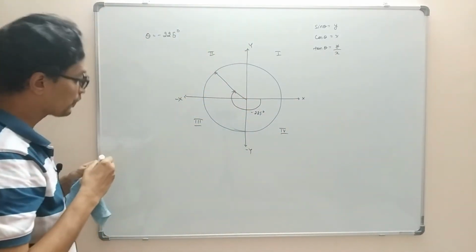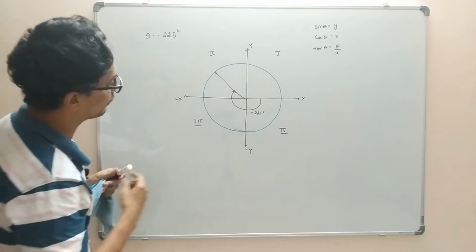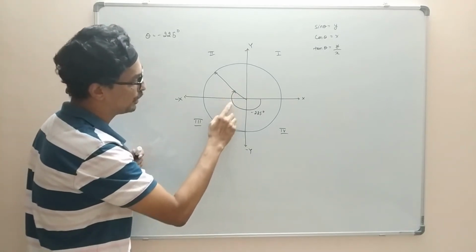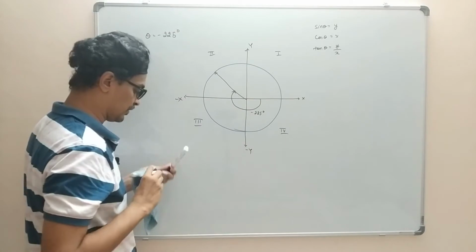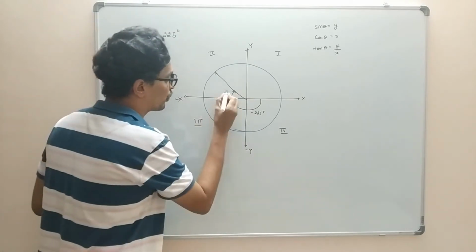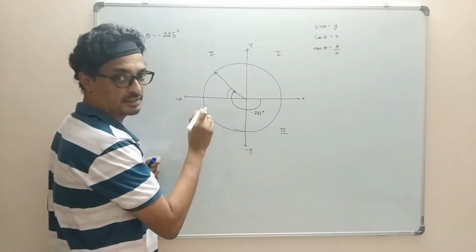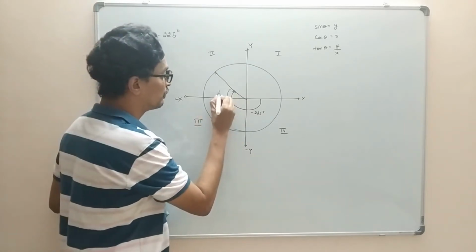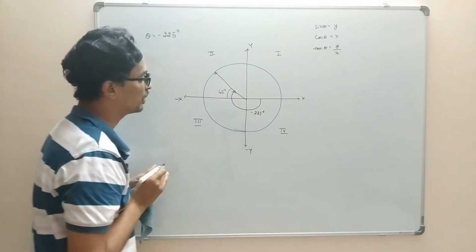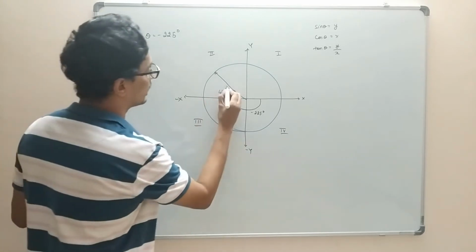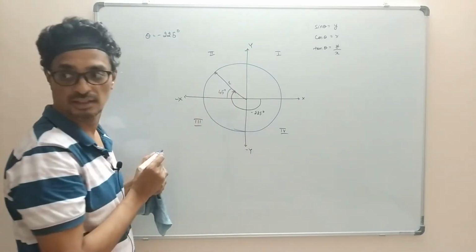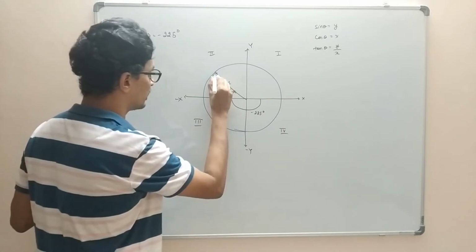So now let us see here 225. So the angle will be 225. So if this is 225, this angle is how much? 225 minus 180, that will be 45 degree. Okay. So as I said, 45. This length is 1 because that is our unit radius, unit circle.